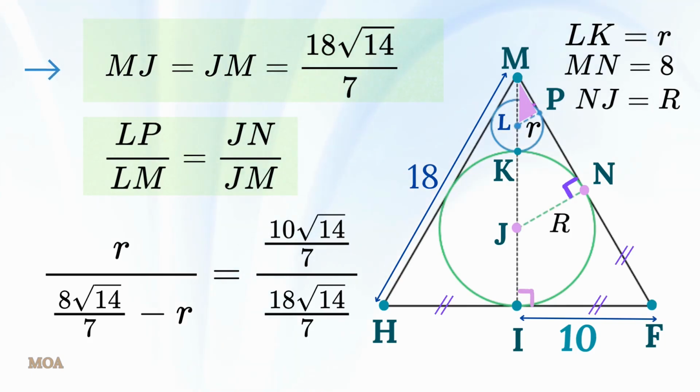Next, we substitute these previously determined values into the established ratio. LP over LM equals JN over JM. This substitution yields R over the quantity 8 times the square root of 14 all over 7 minus R equals 10 times the square root of 14 all over 7 over the quantity 18 times the square root of 14 all over 7.